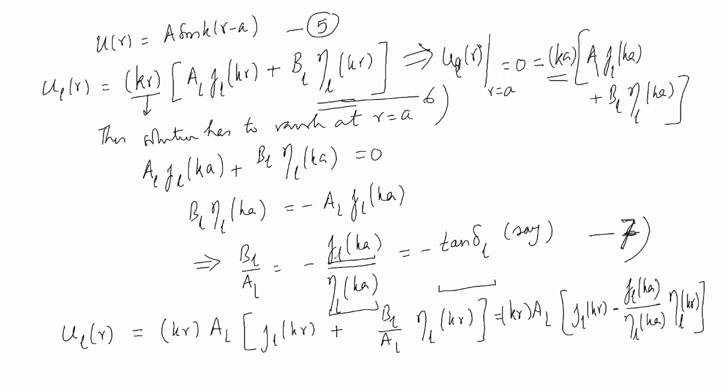And just for completeness' sake, we have to recall that j_l(k) by eta_l(k) is tan delta_l. Therefore, next step I can remove this and I can write tan delta_l over here. Okay. Therefore, let us call this equation number 8. Now, this equation number 8 and equation number 5 would be very important to us.